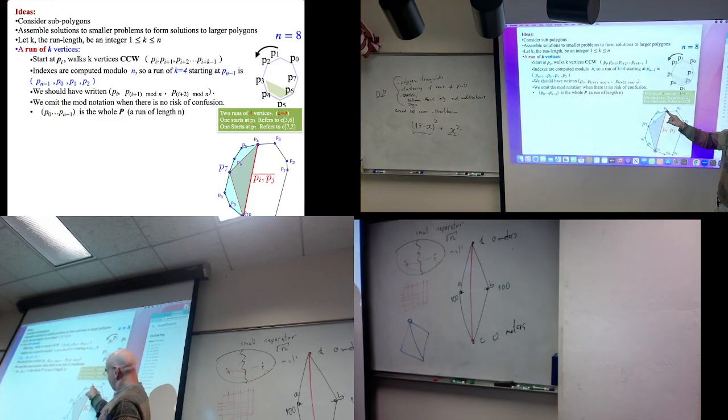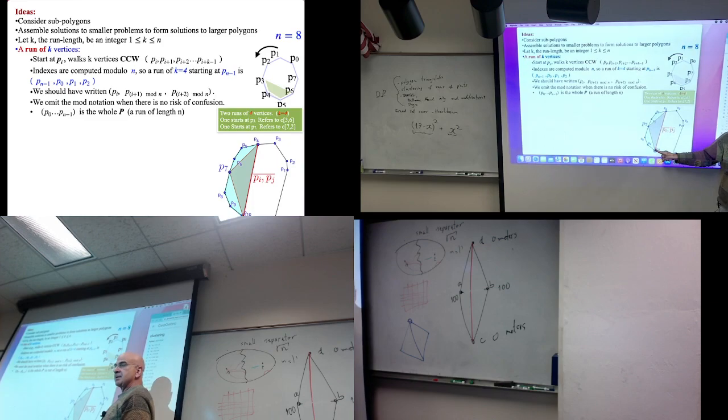So again, if I tell you P4 to P10, you'll think about a sub-polygon that consists of these vertices. And once I tell you that P4 to P10 is a subproblem, I'll also tell you that part of my triangulation is to take the chord that connects P4 to P10.